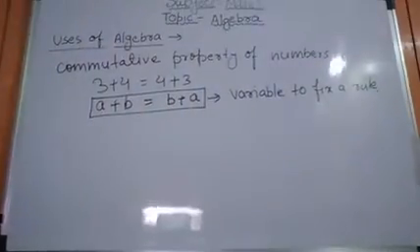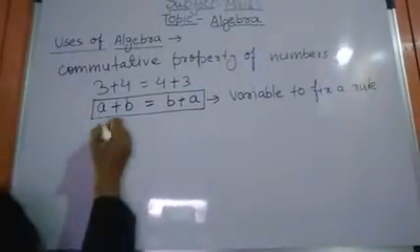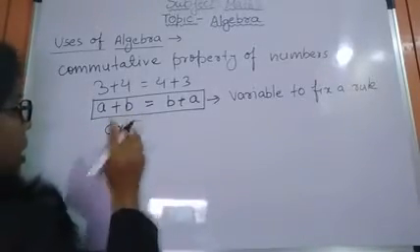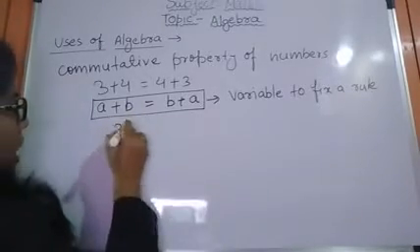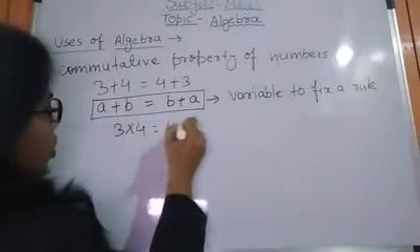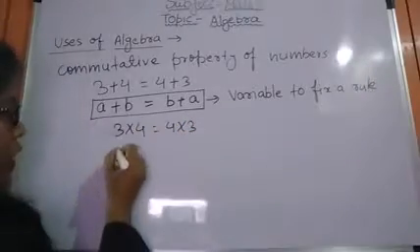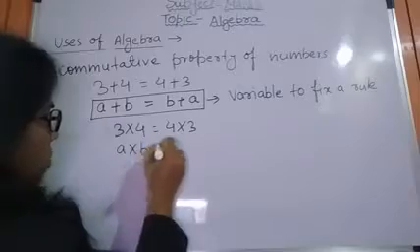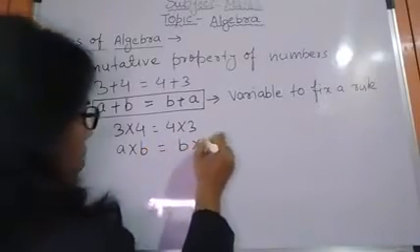Fine. Second, the commutative property for multiplication is that 3 multiplied by 4 is equal to 4 multiplied by 3. You can write it as A multiplied by B is equal to B multiplied by A.